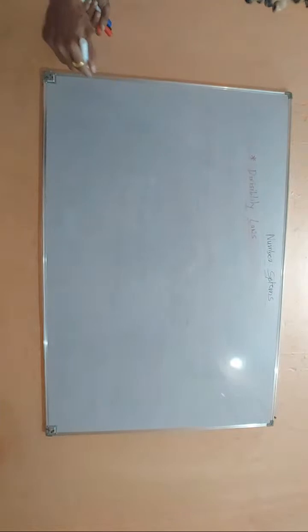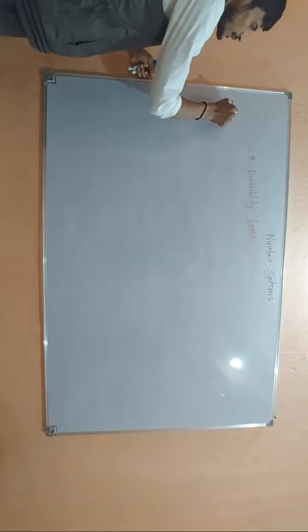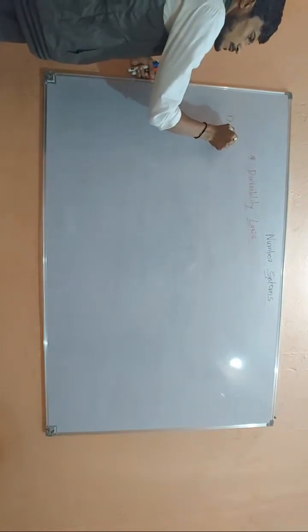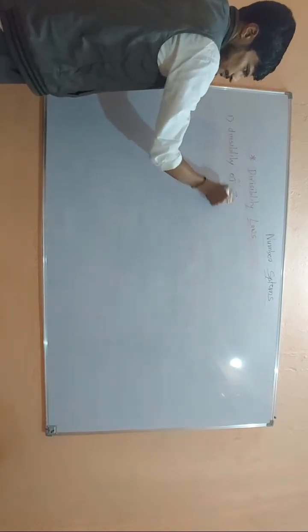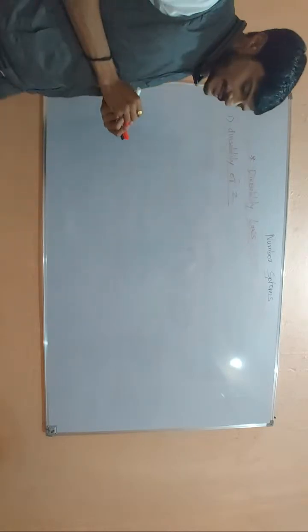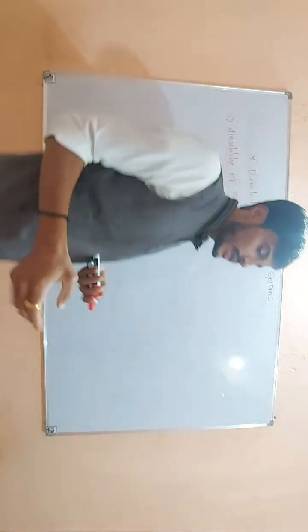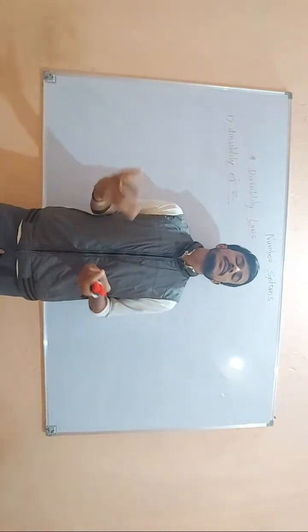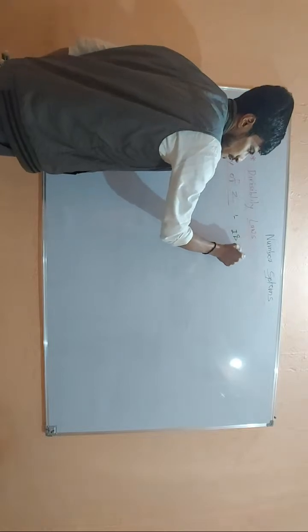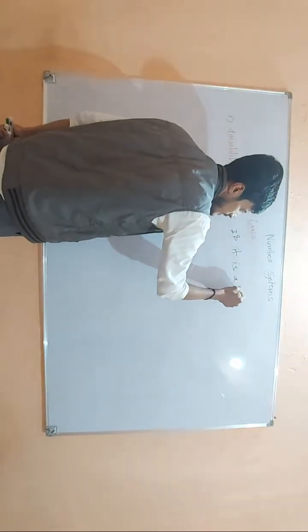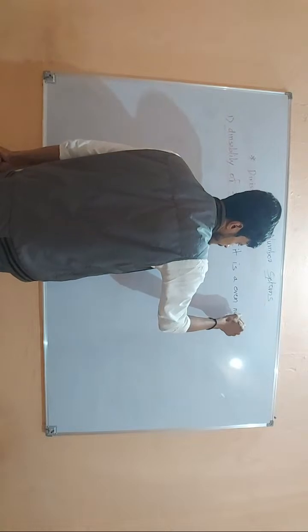So let us see here, the first one, divisibility of 2. So what is the divisibility of 2? A given number is said to be divisible by 2 if it is an even number.